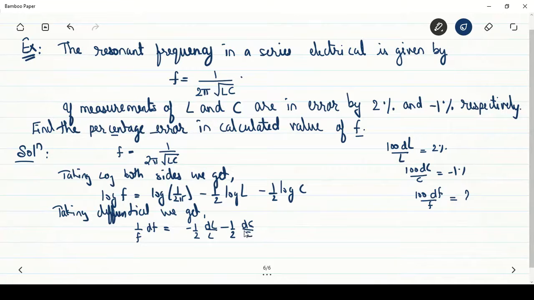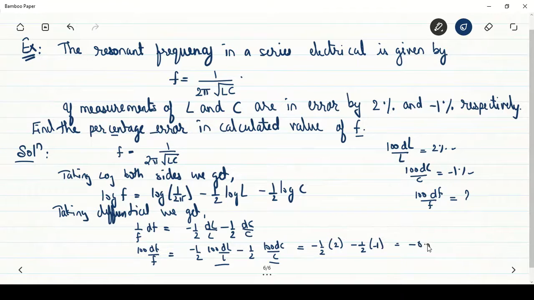Now I will multiply this whole equation by 100, so I get 100 df/f = −(1/2)(100 dL/L) − (1/2)(100 dC/C). The values of 100 dL/L and 100 dC/C are given as 2 and −1 respectively, so we substitute and get −(1/2)(2) − (1/2)(−1), so the final answer is −0.5.